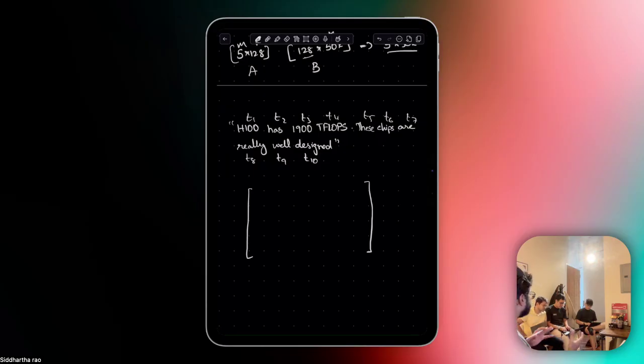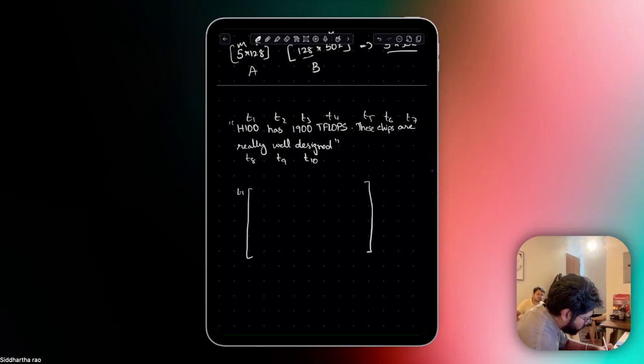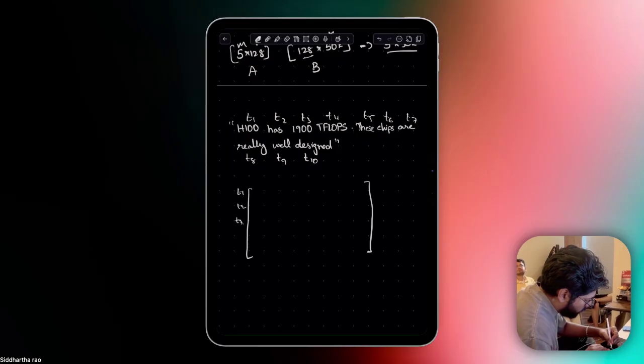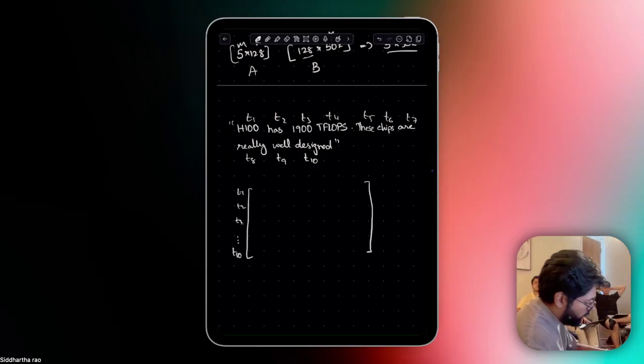How do you formulate this idea of each token being a combination of everything else? We can just assign scores to each word in the sentence. So let's say this is T1, T2, T3, and so on up to T10.